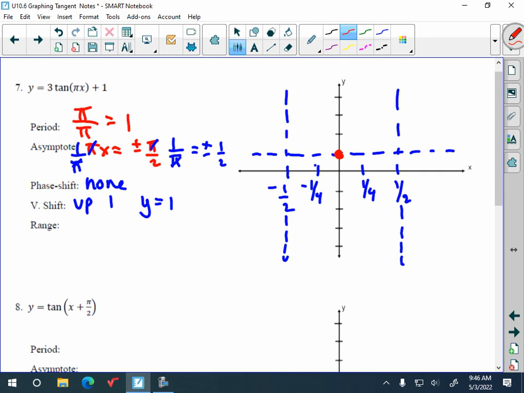So we go to the right 1, go up 3, put a dot. We're going to go left 1, go down 3, put a dot. And then our range is negative infinity to positive infinity.